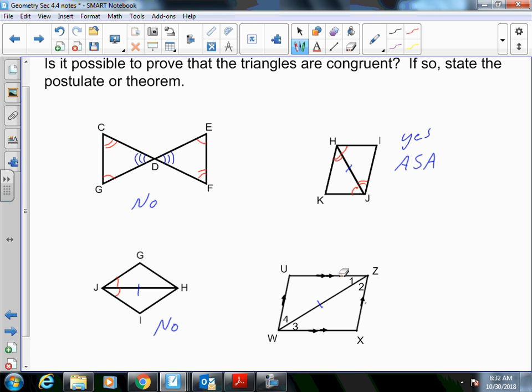So angle 1 and angle 3, those are on different sides of the transversal and in between the two lines. So that makes them alternate interior angles. And if we remember back to chapter 3, the alternate interior angles are going to be congruent if the lines cut by the transversal are parallel. So that means that angle 1 and angle 3 are congruent to each other.